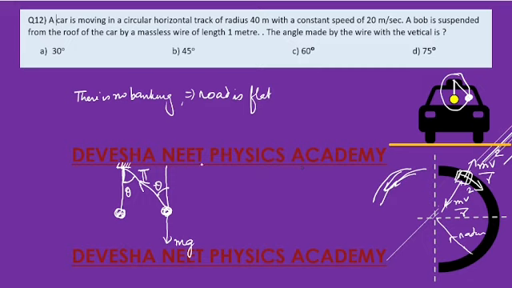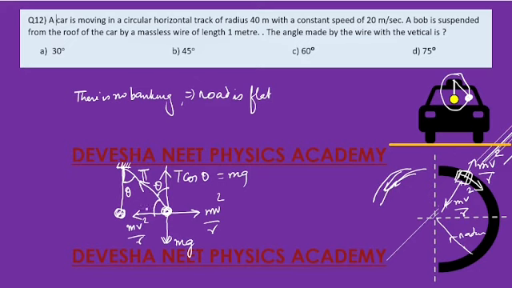Coming back to this, we have T cos theta is equal to mg. Now there is a centrifugal force here, mv square by r, which we keep constant.